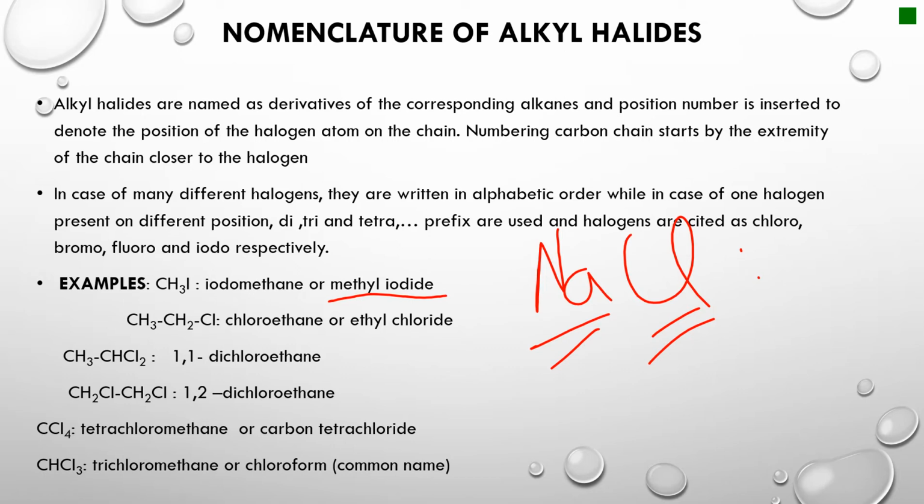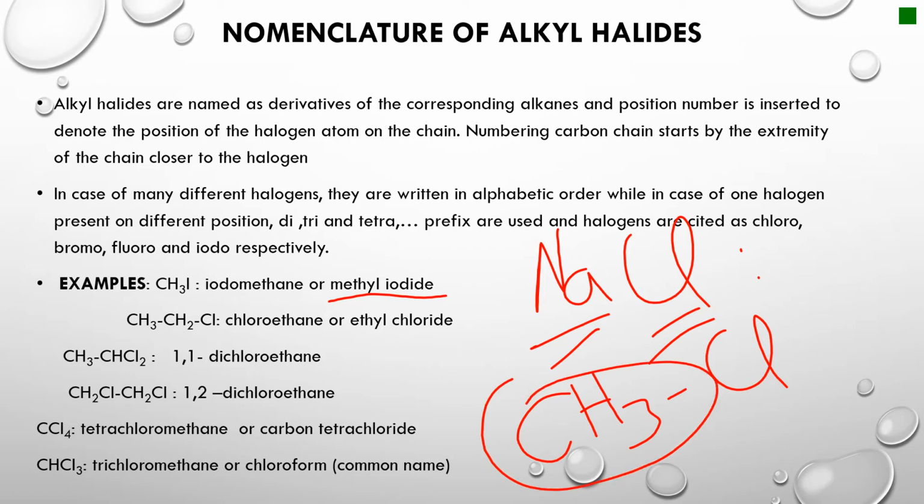The same will apply with alkyl halides. If I have a CH3Cl, the CH3 will be taken as metal sodium, and the chloride will be as a halide. So as I said, sodium chloride was the name of this inorganic salt. Also, this alkyl halide organic compound can be named the same way, where this one is called methyl and this one is called chloride.